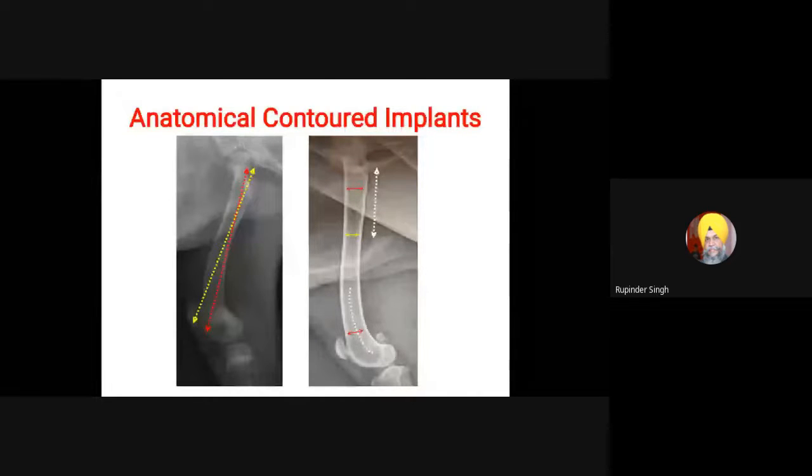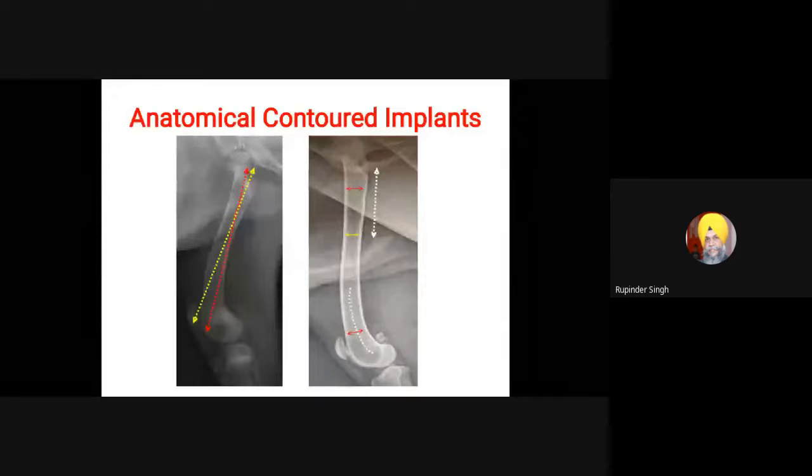Another thing I want to add here is, when we are using an anatomically contoured implant, then we cannot think of threaded implants, because for the placement of threaded implants, the project which we are taking up with Dr. Rupinder, those implants are inserted by making rotational movements.